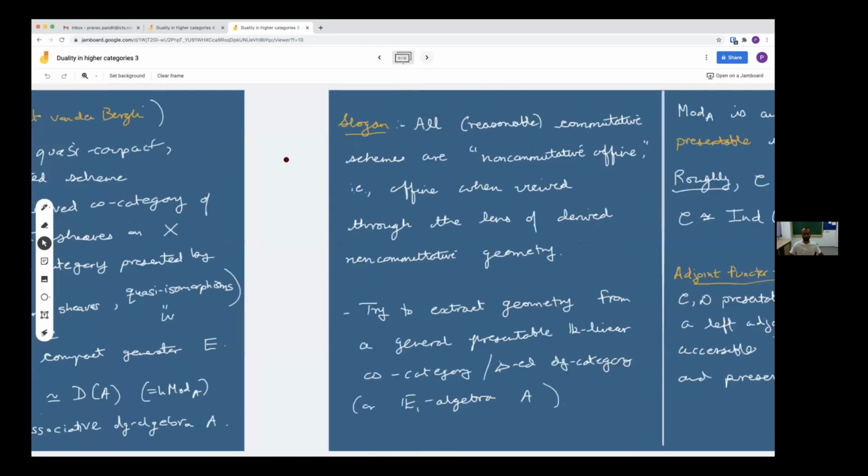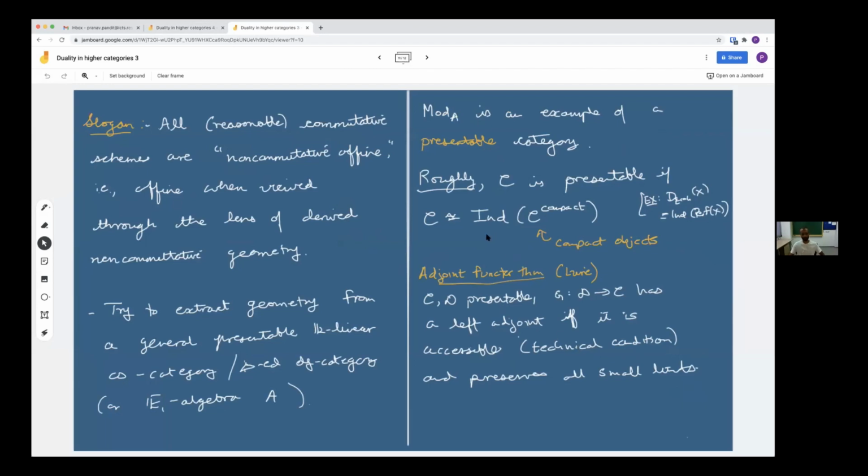Okay, let me just swap screens for just one second. Here we go, and we'll swap here. So this is from last time's talk. I just added some notes to it because this is the natural place to add it.